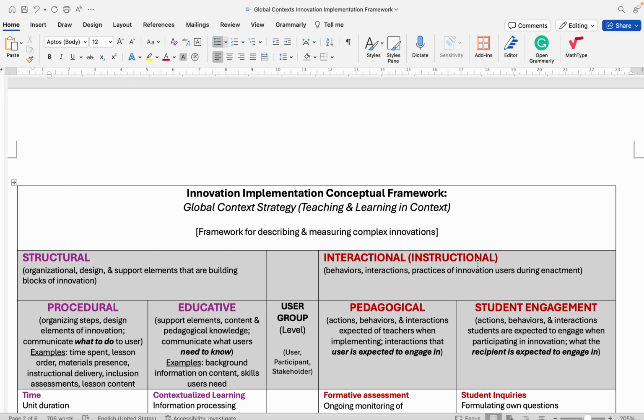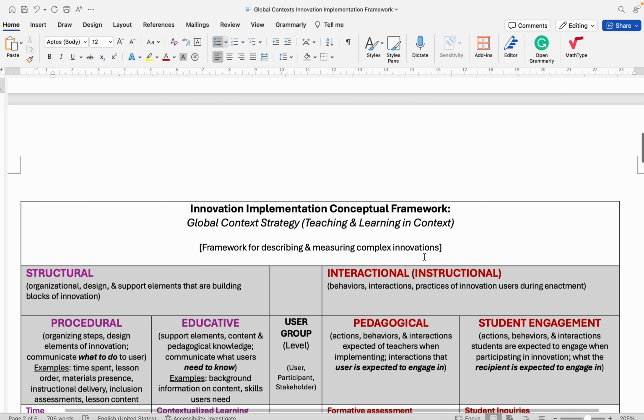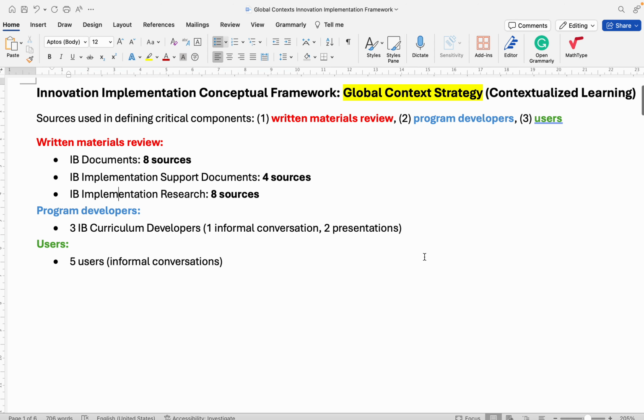What I've been doing now is going through these different sources, doing a keyword search and reading through them to identify sections related to this specific innovation, the global context strategy, which is also sometimes referred to as contextualized learning or teaching and learning in context.